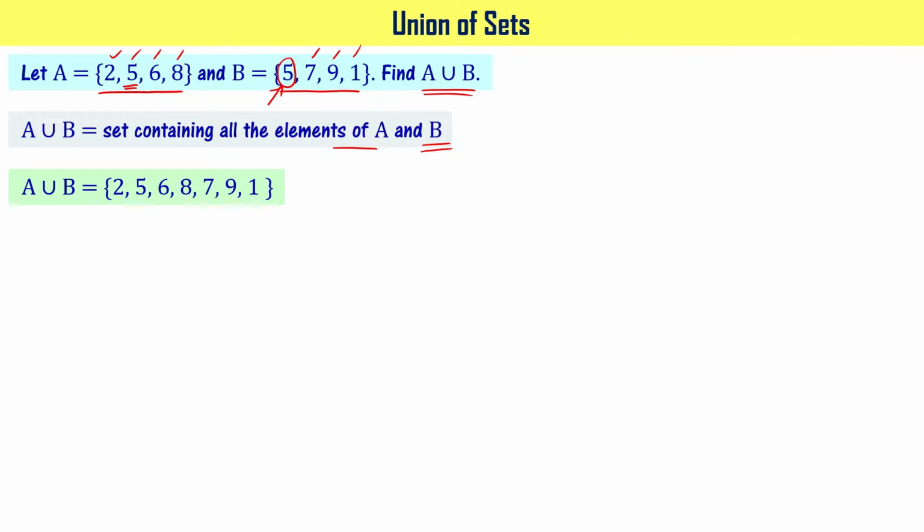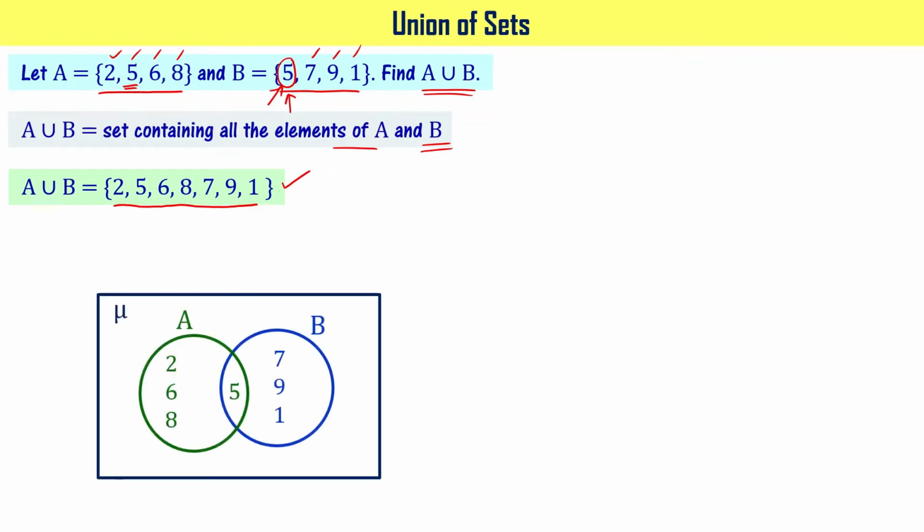So A union B has elements 2, 5, 6, 8, 7, 9 and 1. Order doesn't matter. You can write 7, 9, 1 first and 2, 5, 6, 8 later. A union B has all the elements of A and B. Of course, we have not repeated this particular number 5.